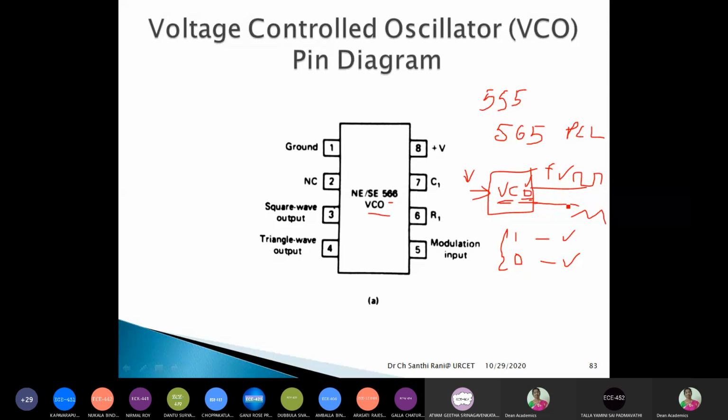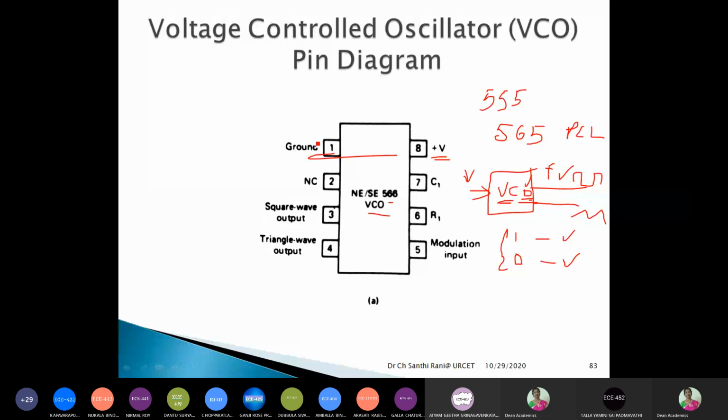How it is able to produce two outputs, we will understand when we look into the block diagram of this VCO in the next slide. Right now, pin number 1 is the ground pin and the 8th pin is VCC, right? So it is an 8-pin IC like our 555 timer.